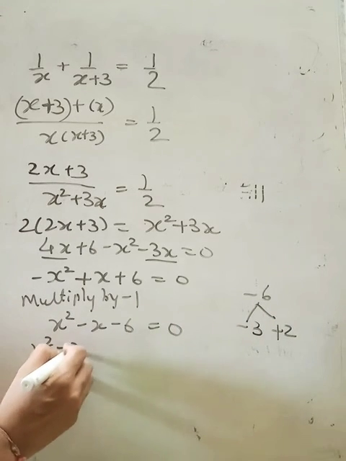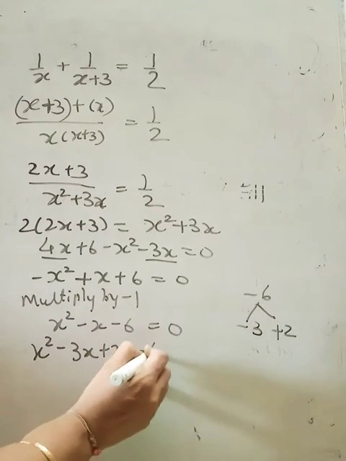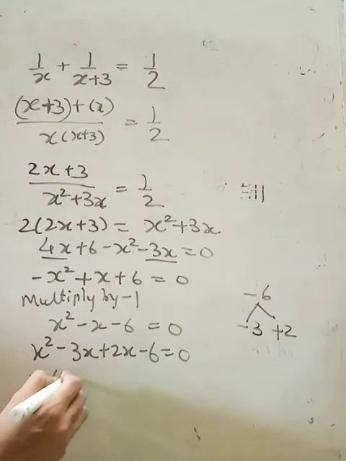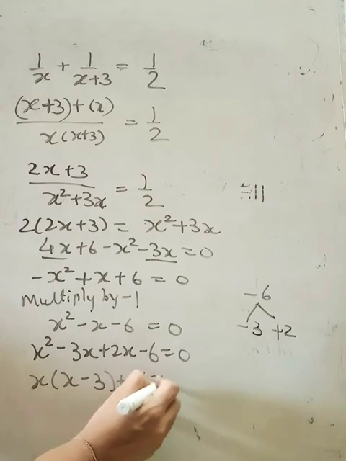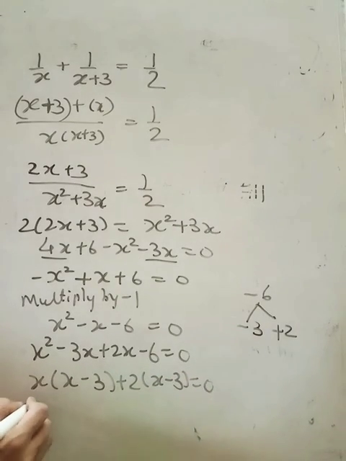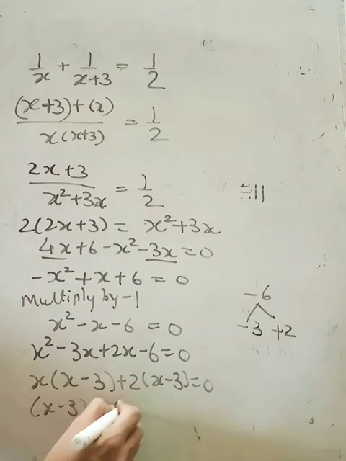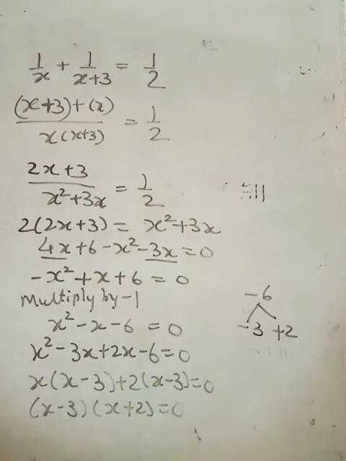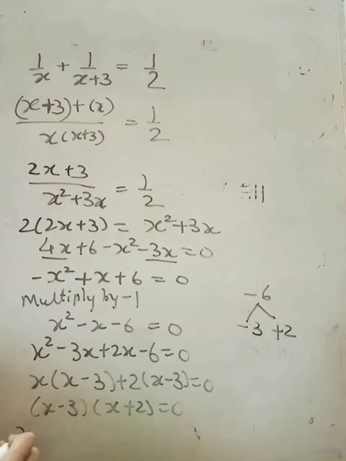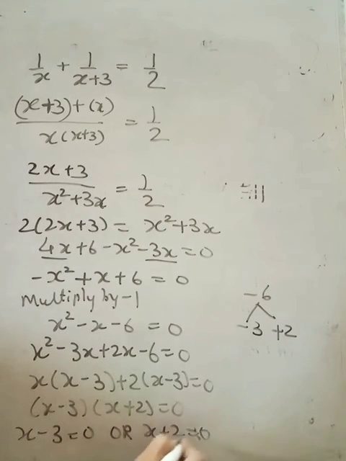So x square minus 3x plus 2x minus 6 is equal to 0. x common, x minus 3, plus 2 common, x minus 3 equal to 0. So x minus 3 into x plus 2 equal to 0. So that means x minus 3 equal to 0 or x plus 2 equal to 0. So x is equal to 3 or x is equal to minus 2.